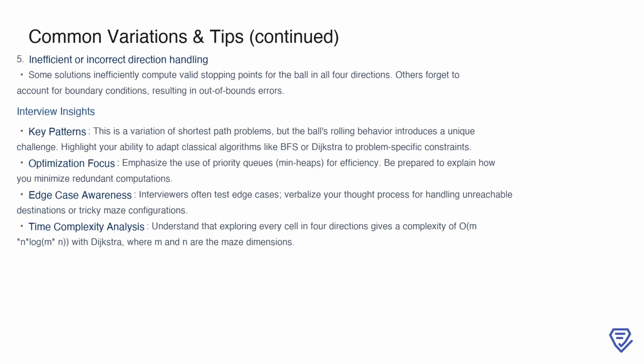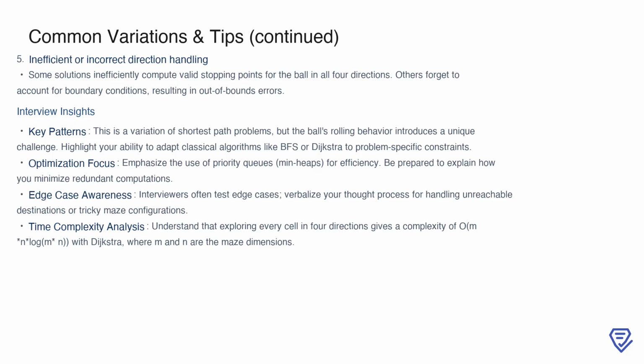Shifting gears to interview strategies, this problem highlights your ability to adapt classical algorithms like BFS or Dijkstra to meet specific constraints, like the ball's unique rolling behavior. Optimization is key, so emphasize your use of priority queues to minimize redundant calculations. Interviewers often test your ability to handle edge cases, so clearly explain how you would deal with unreachable destinations or complex maze configurations.